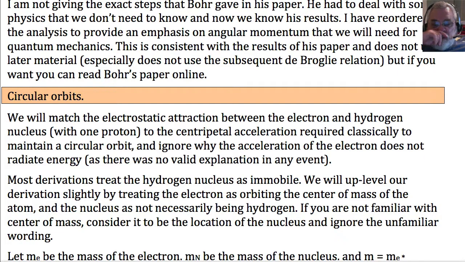Most derivations treat the hydrogen nucleus as immobile. We will up-level our derivation slightly by treating the electron as orbiting the center of mass of the atom, and the nucleus as not necessarily being hydrogen. If you are not familiar with center of mass, consider it to be the location of the nucleus and ignore the unfamiliar wording.